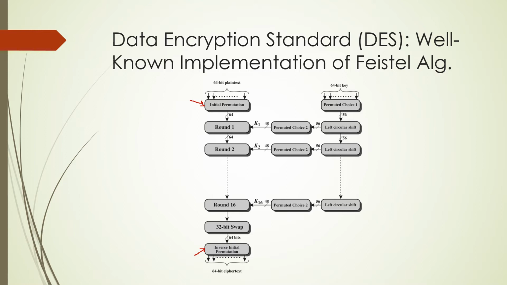But other than that, the rest is pretty much the same. In each round, as I showed you earlier, you need to break the input of each round into two halves, and then apply a function called f and the exclusive OR to create the output. And I'll show you more details of DES in the next slides.